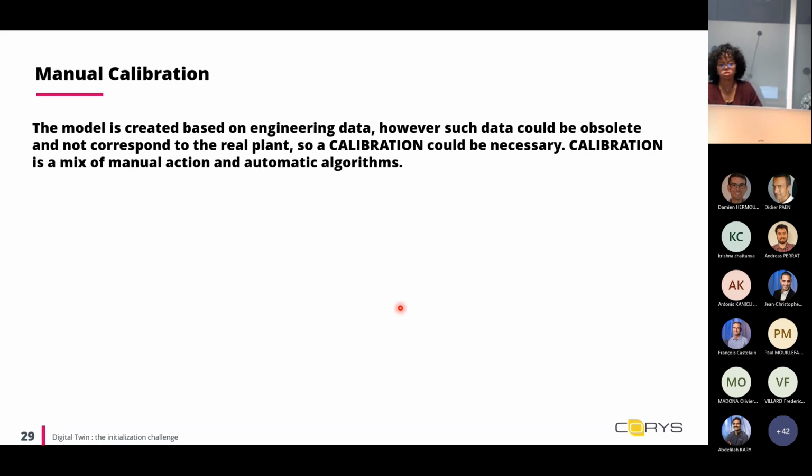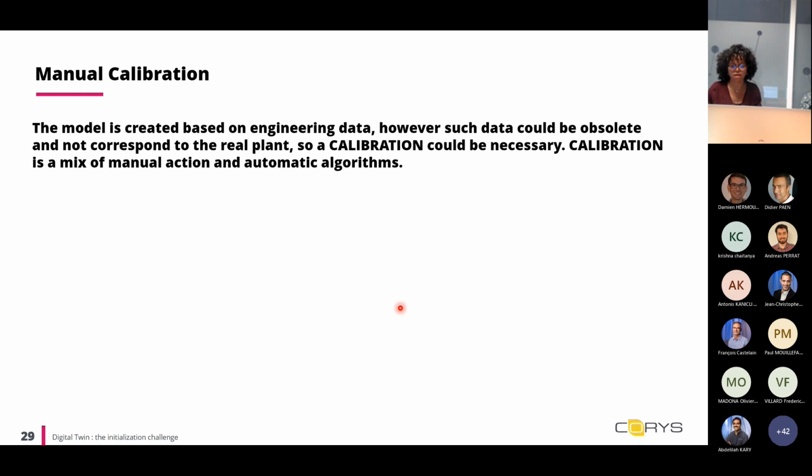The model, the digital twin, the first model we see, is based on engineering data, right? Even though this engineering data comes from knowledge of the plant, many times it can be obsolete. The plant can be used for 1 year, 5 years, I don't know, a long time, so the values, the characteristics, and parameters of the plant might change.